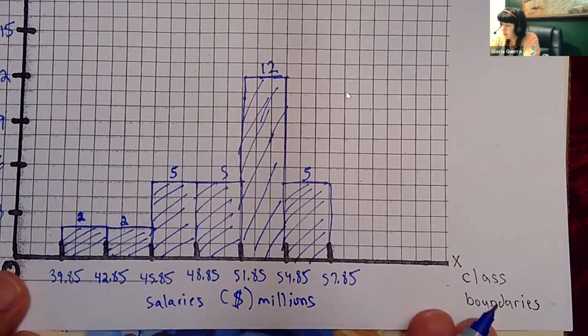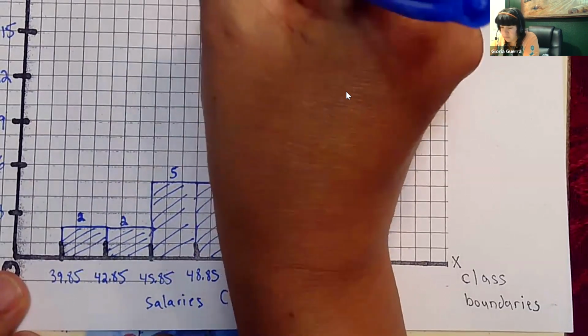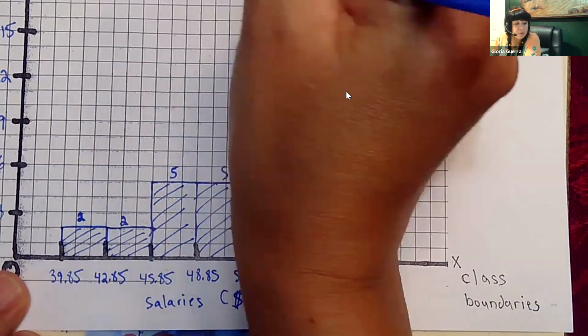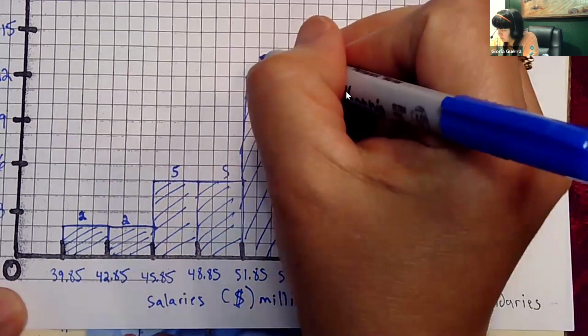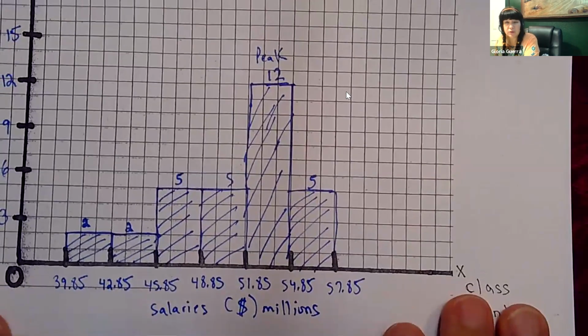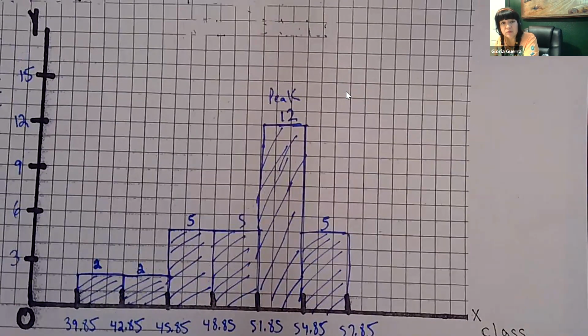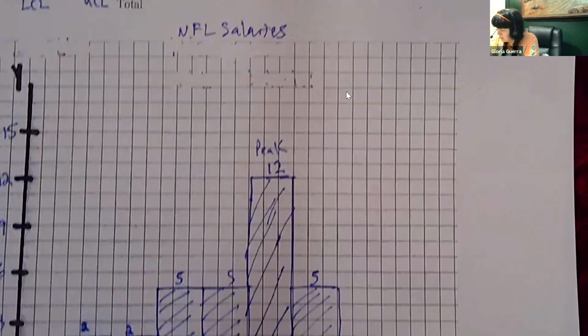And so, yeah, NFL salaries was the title for that one, right? And this was our peak here. And oftentimes in your book they say you can say something about peaks or outliers. So 12 is our peak here. So I said something like this for our peak.